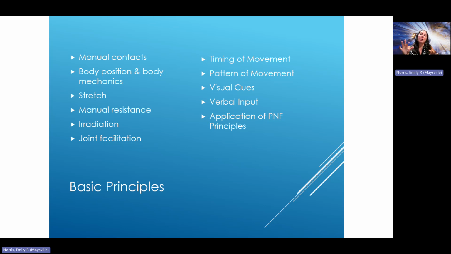When do you provide a stretch, and when do you provide resistance, and how fast or slowly do you move, and do you do rhythmic, and do you have them contract or relax? All that is really key in every PNF technique, but a lot of those specifics we'll go over in lab. So today is a general overview of what PNF is, what the patterns are, and how to use it.